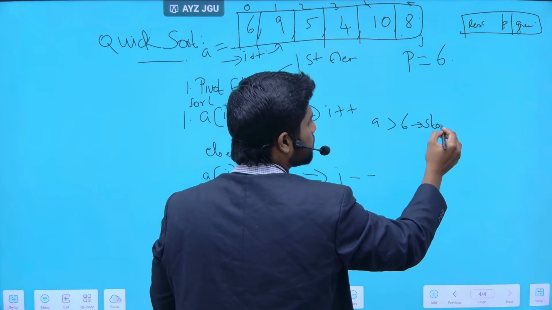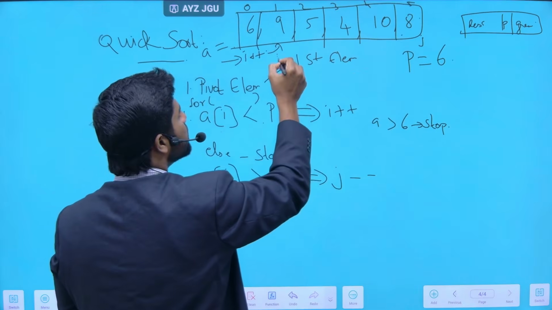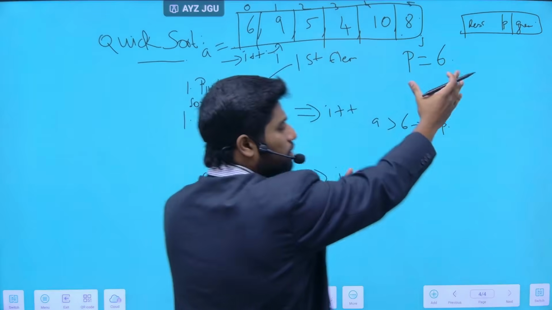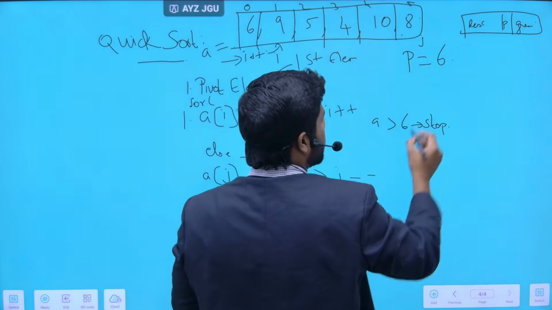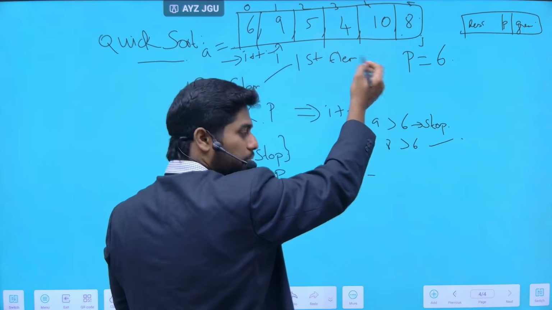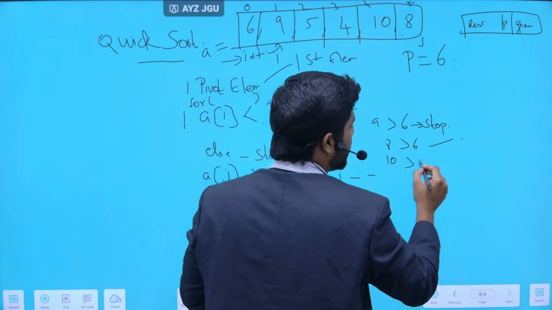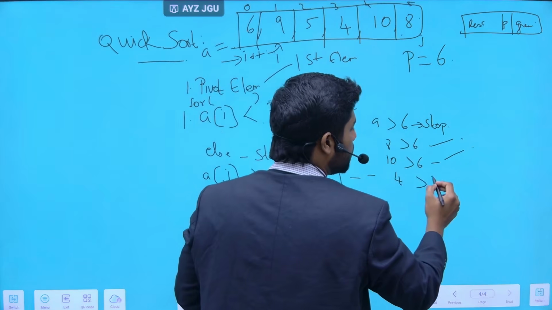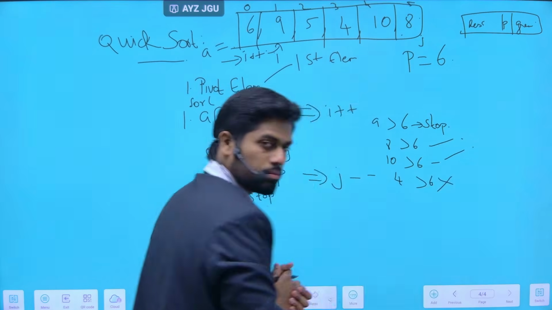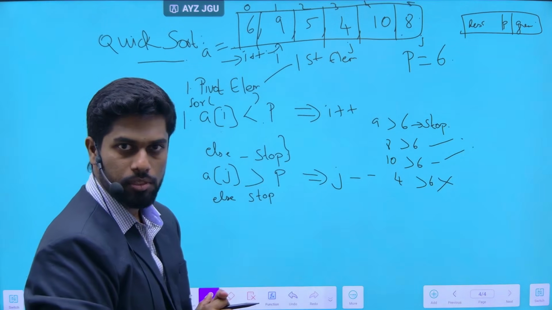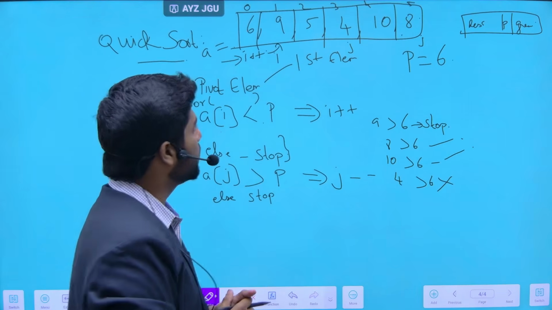Stop. Now your I is here. Next, at the same time come from J. 8 is greater than 6, go on, minus minus. 10 is greater than 6, go on, minus minus. When it reaches 4, 4 is less than 6, condition false. Stop the J pointer there.